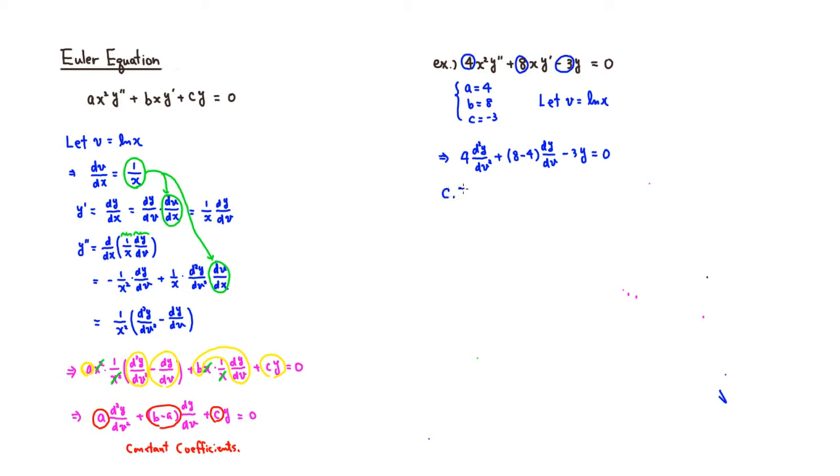So the characteristic equation would be 4r squared plus 8 minus 4, which is 4r, minus 3, equal to 0. Alright, so let's factor this out. We're going to get probably 2r and 2r.